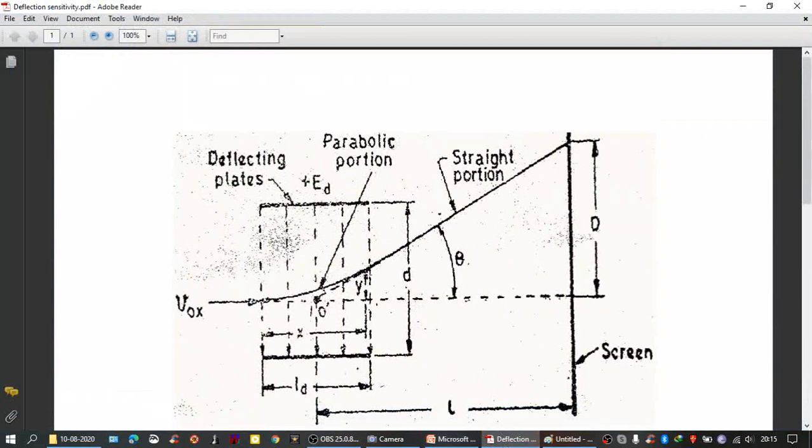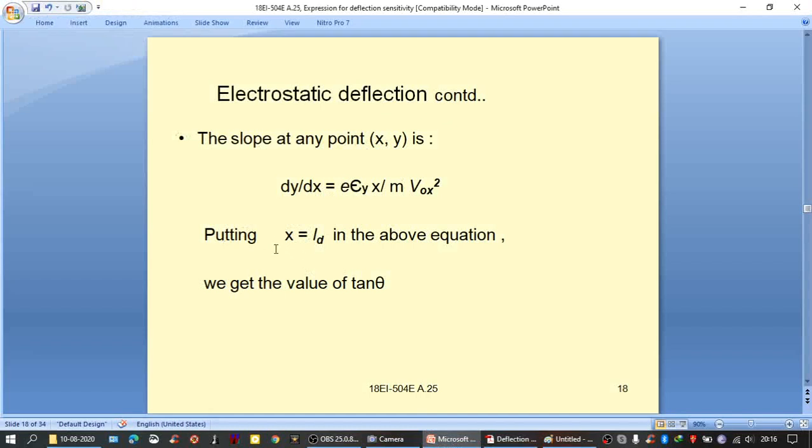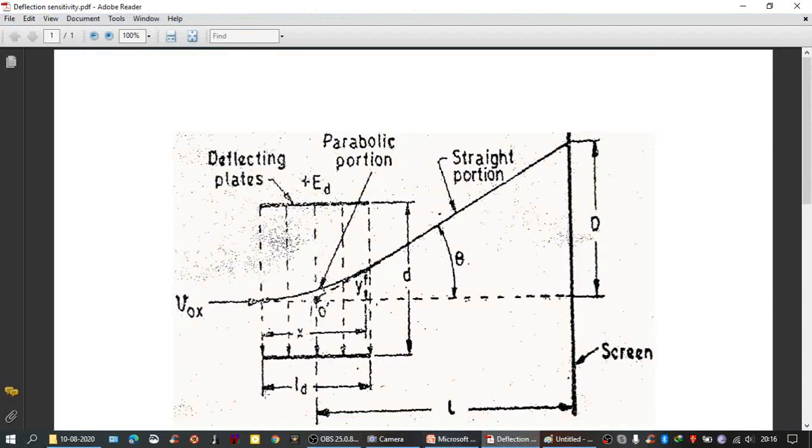Now let me take the slope exactly at the point of leaving. At the point of leaving, let me note down the slope of the curve. When you put x equal to LD, the electron beam is moving in this direction, and at the same time, because of the applied electric field in the y direction, it is moving in this direction also, following a parabolic path.